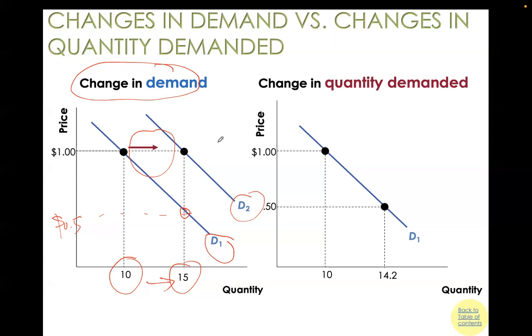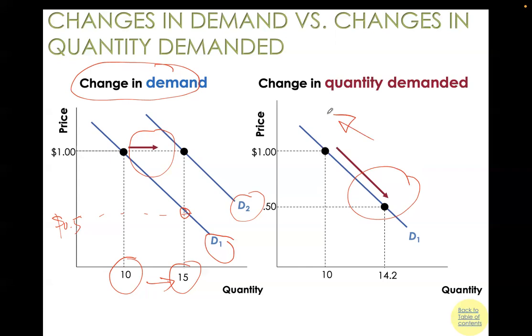And then you move along this curve. Clearly, if you move in this direction, this is an increase in quantity demanded, and usually this is caused by a reduction in price. On the other hand, if you move in this direction, we say there's a decrease in quantity demanded.